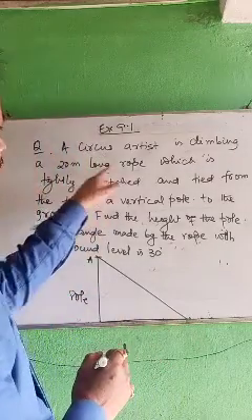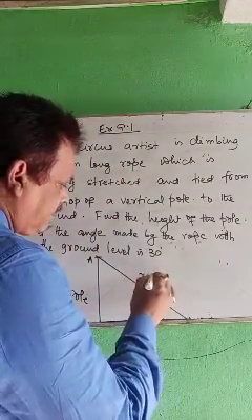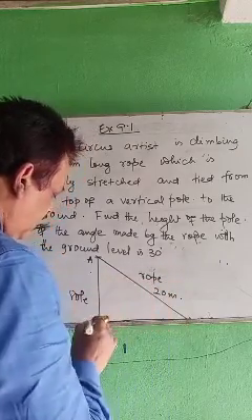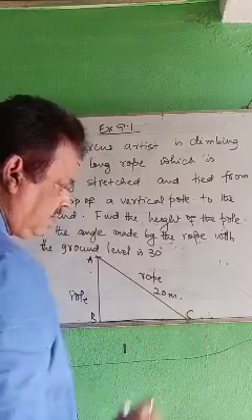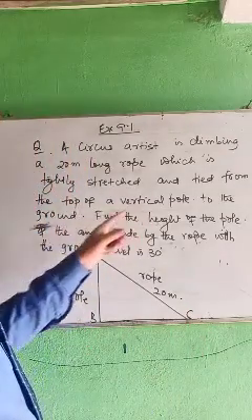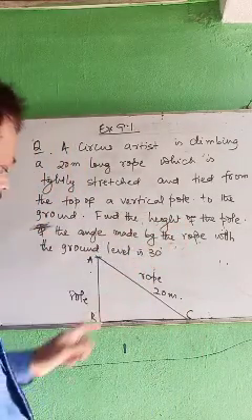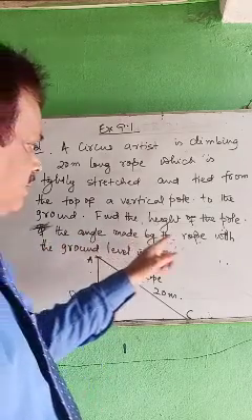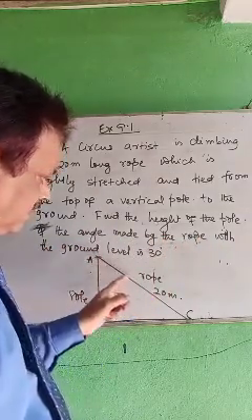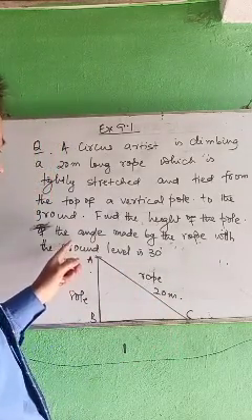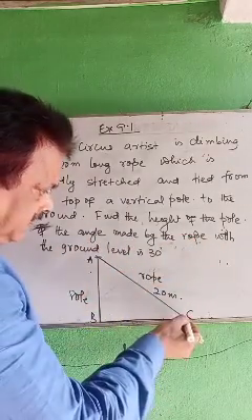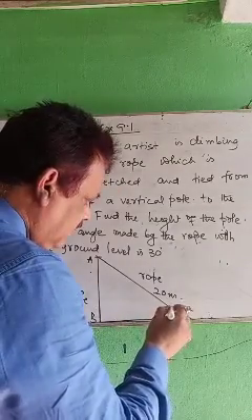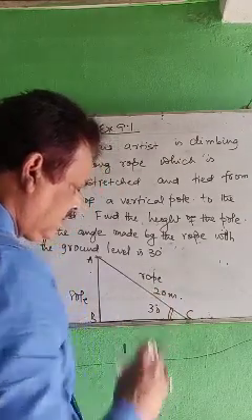This is your 20-meter rope. If I take A, this is B, this is C. Find the height of the pole, meaning you are asked to find the height of this one. If the angle made by the rope with the ground, meaning the horizontal, is 30 degrees, this angle is 30 degrees.